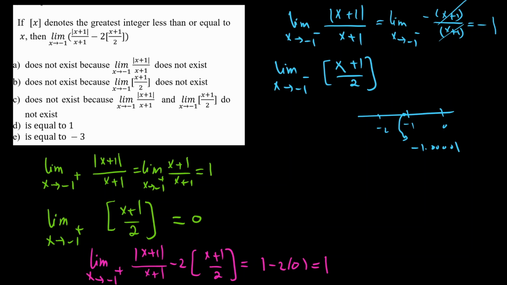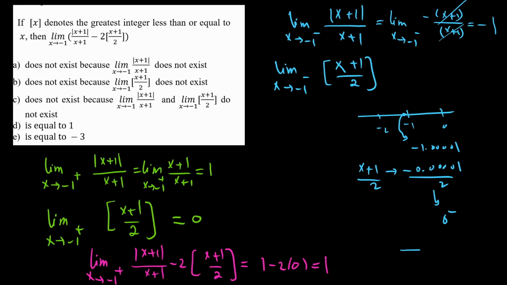Now for the greatest integer of x plus 1 over 2, if you're talking about numbers such as minus 1.0001, and you add 1 to it, x plus 1 is going to go to numbers near 0 but with a negative sign, such as minus 0.0001, and if you divide this by 2, this will still be a 0 with a negative sign.